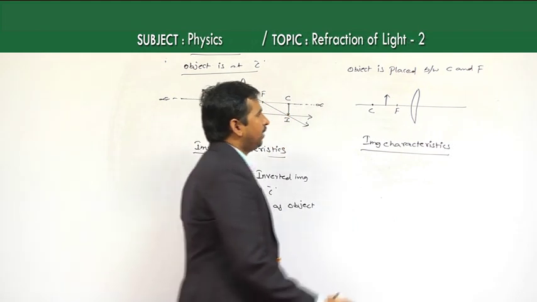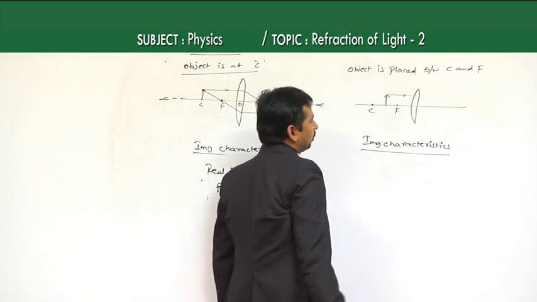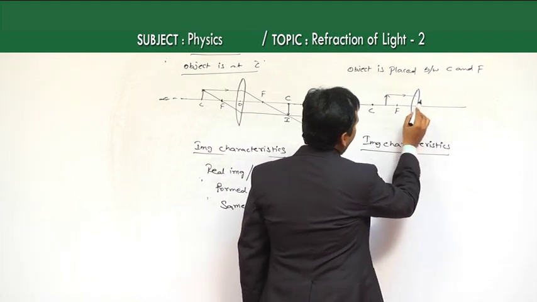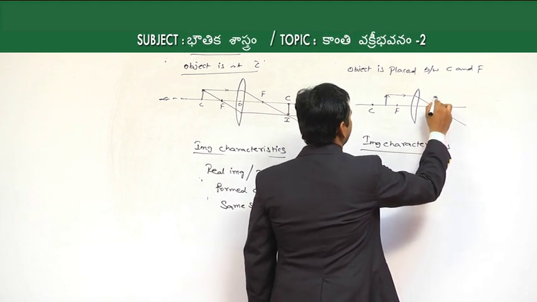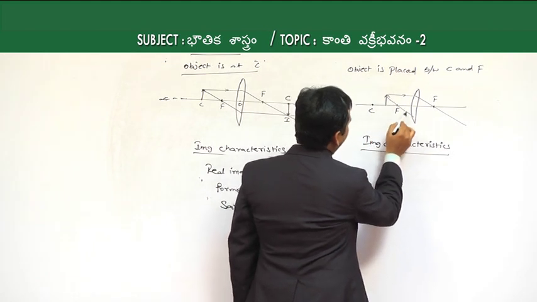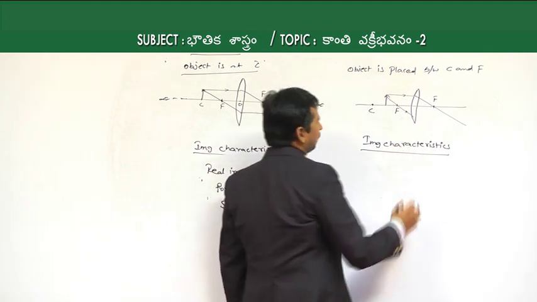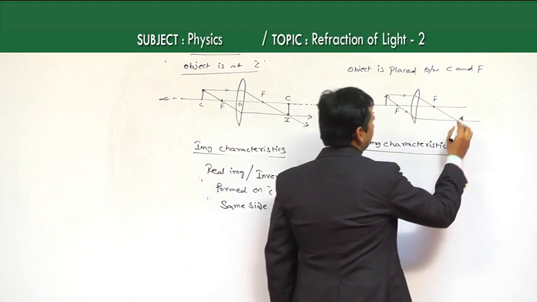Okay. Then after refraction, the light ray passes parallel to the principal axis one. After refraction, it passes through the principal focus, and the second light ray we are taking passes through F, like this. After refraction, it passes parallel to the principal axis.